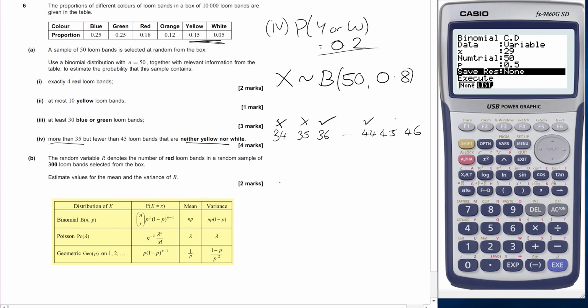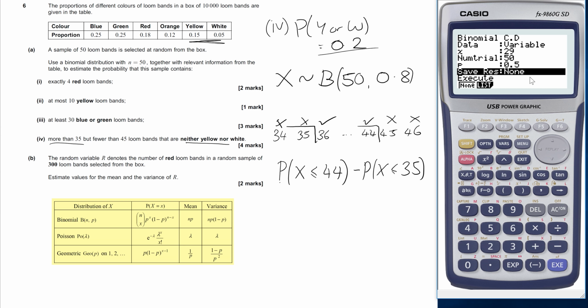So 44 is fine, not 45, not 46. So then drawing my boxes where my ticks become crosses, I can see that I'm going to be doing the probability that x is less than or equal to 44, subtract the probability that x is less than or equal to 35. And I think that the picture is the best way of just spotting whether it's 44, 45 and 34, 35 in those situations.